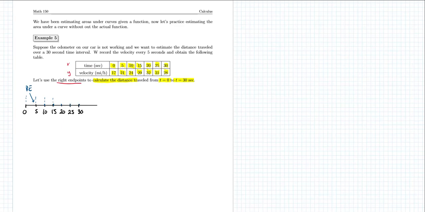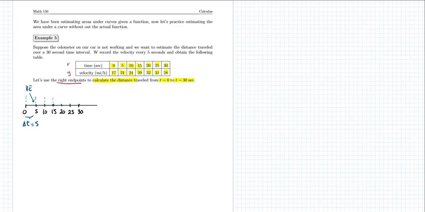So these are going to be essentially our sample points. Now, another thing that I want to point out is, what would have been the width for each of these rectangles? The width for each of these rectangles or the subintervals, let me put it here as delta t, would have been essentially 5 seconds.